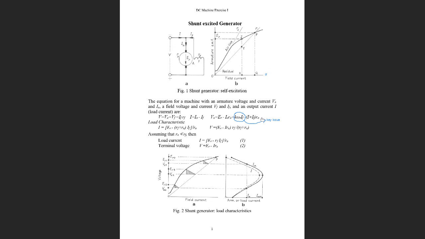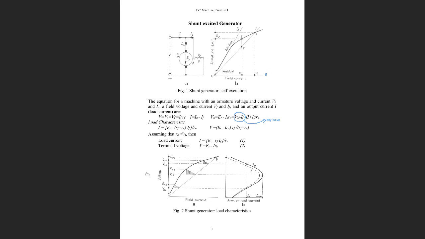These three equations represent the relationship between the terminal voltage, armature voltage, field circuit voltage, armature current, loading current, and field current, as well as the internal generated voltage.